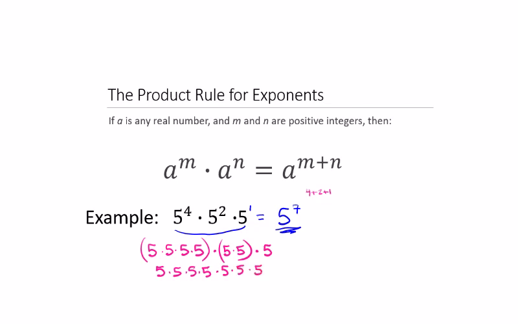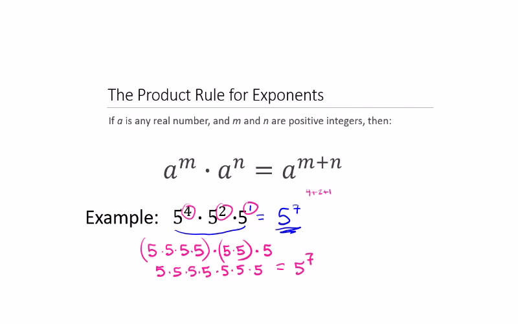And we know that that's the expanded form for 5 to the 7th. Okay, so that's how the product rule works: instead of writing out an expanded form, or multiplying all those on your calculator, you can just add those exponents together, and that'll be your new exponent.